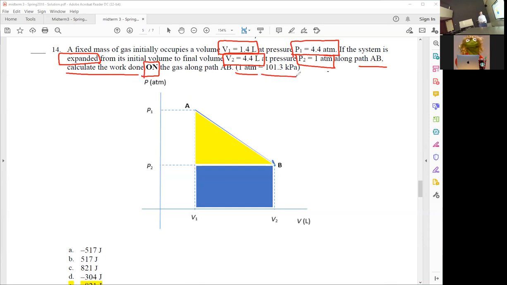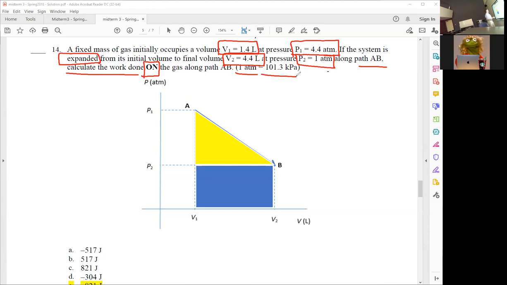Now we're also giving you 1 atmosphere is 101.3 kilopascal. Now, of course, you'll remember from the questions related to this chapter that in order to calculate the work, all you need is to calculate the area under the PV diagram, or the PV graph.